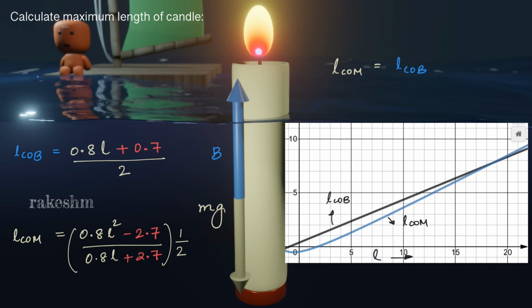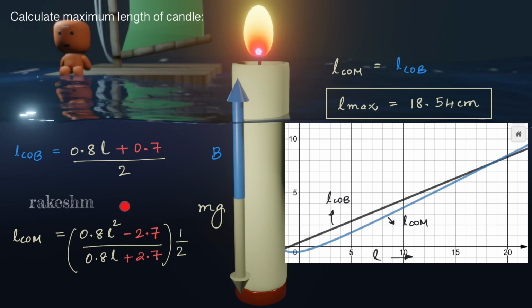If we equate these two equations, we get a quadratic in terms of L, and if we solve it, we get L max equal to 18.54 centimeters. So the minimum length of the candle is 8.5 centimeters and its maximum length is 18.54 centimeters.